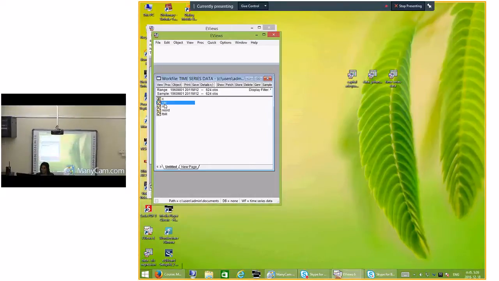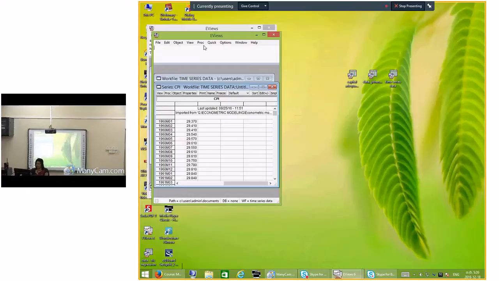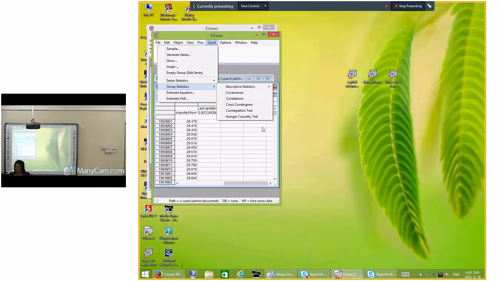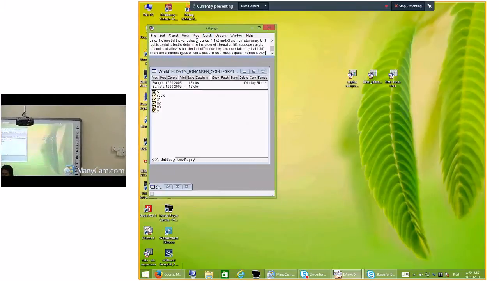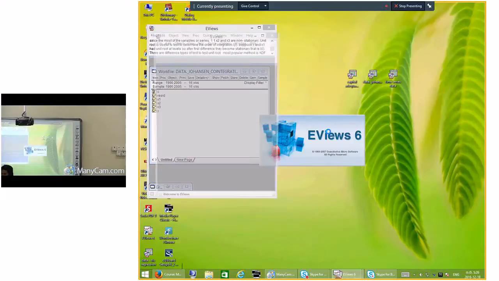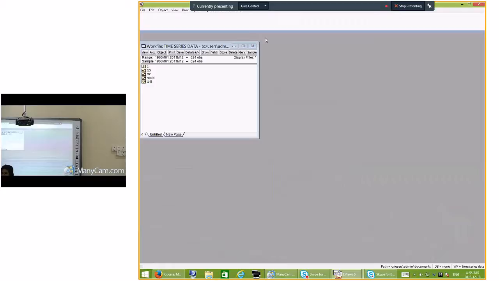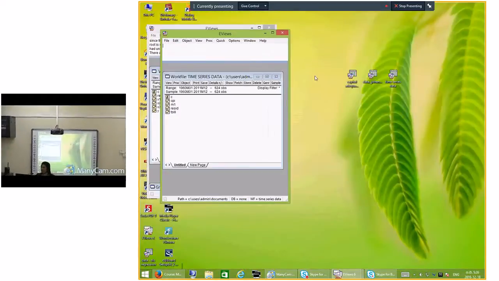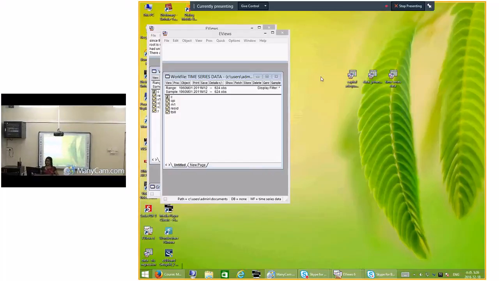For this CPI, first go to the graph, graphical view. First view the data graphically.